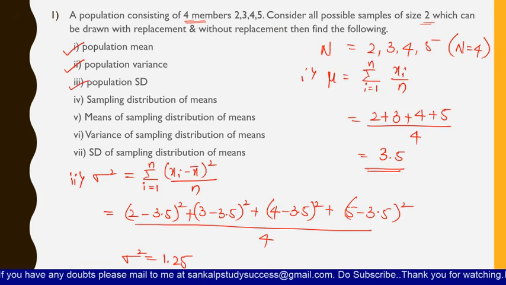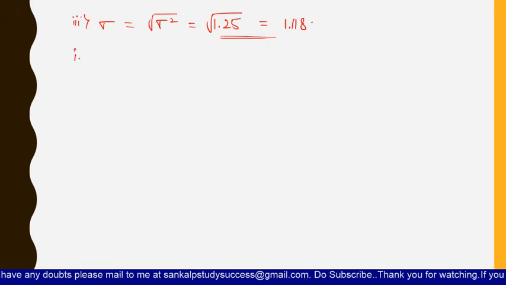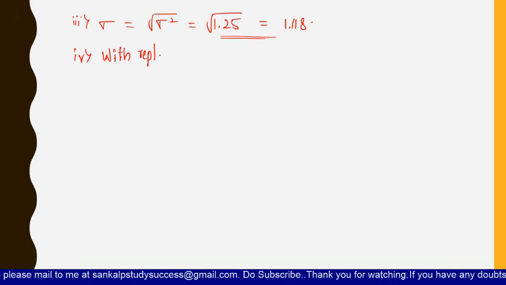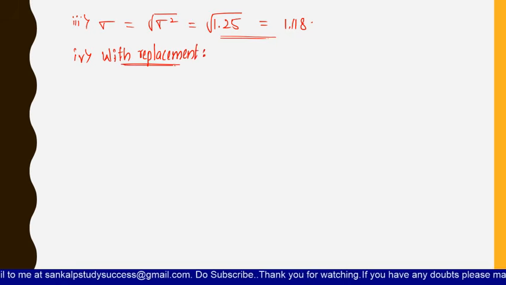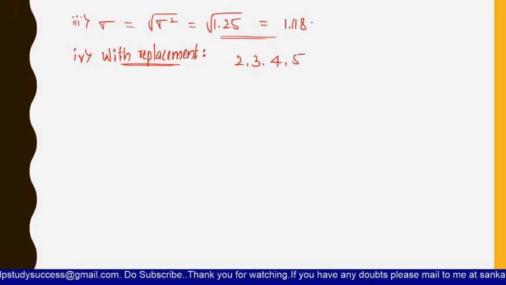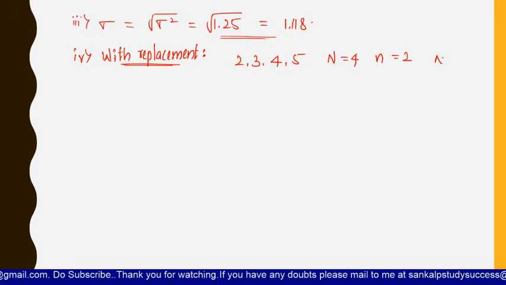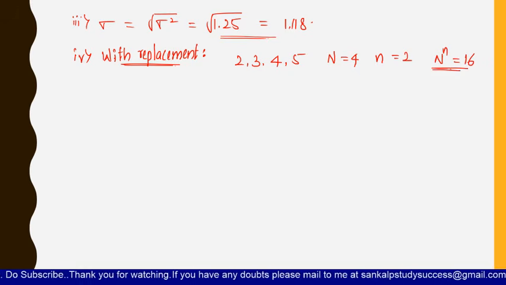Now the sampling distribution of means, you have to find out. Here first we will find with replacement. We are having 2, 3, 4 and 5, and the sample size should be 2, right? Here capital N is equal to 4, small n is equal to 2. That means how many do you get? N power n, 4 squared, is 16. 16 possibilities you will get.